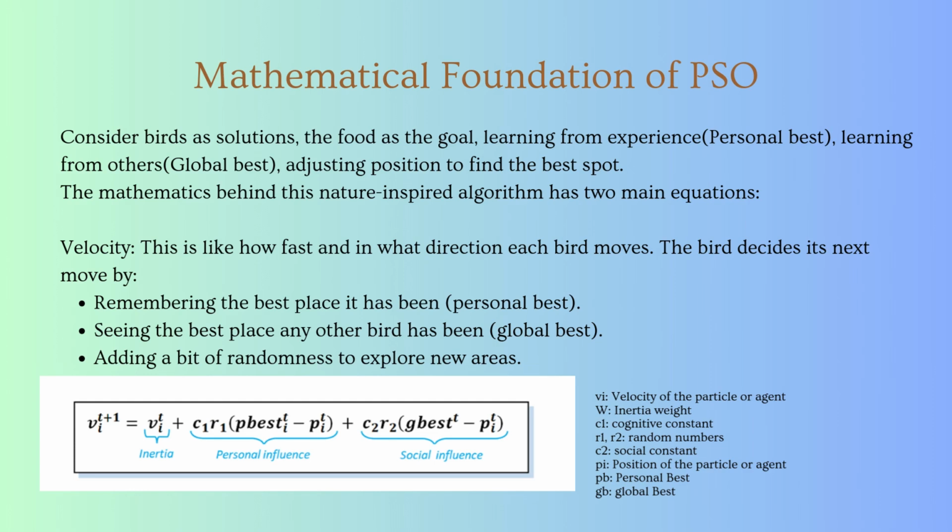PB is the personal best position of the ith particle, and the global best is the best position found by any other particle in the swarm. And Xi here is the current position of the ith particle in the solution space.